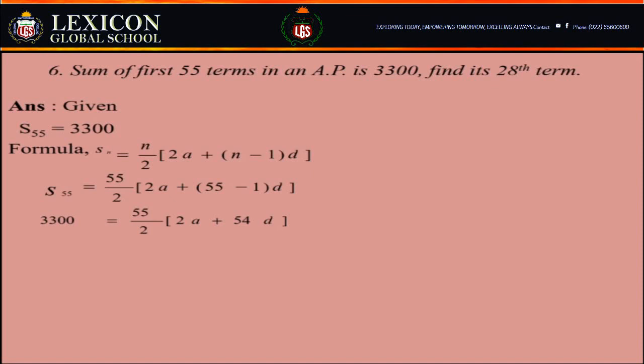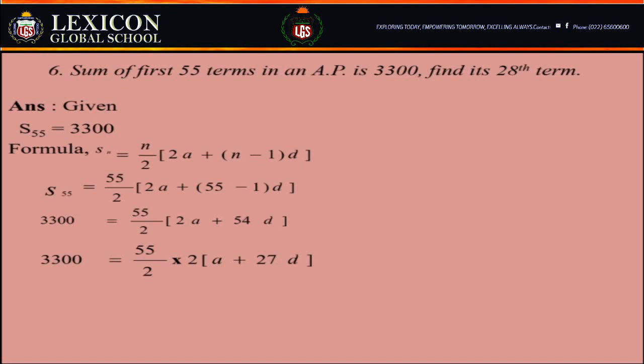I can take out a common factor from 2a plus 54d. So 2 comes out. 3300 is equal to 55 upon 2 into 2, which is taken out as common. So a remains inside the bracket, plus 27 into 2 will give me 54, so what remains inside the bracket is 27d.